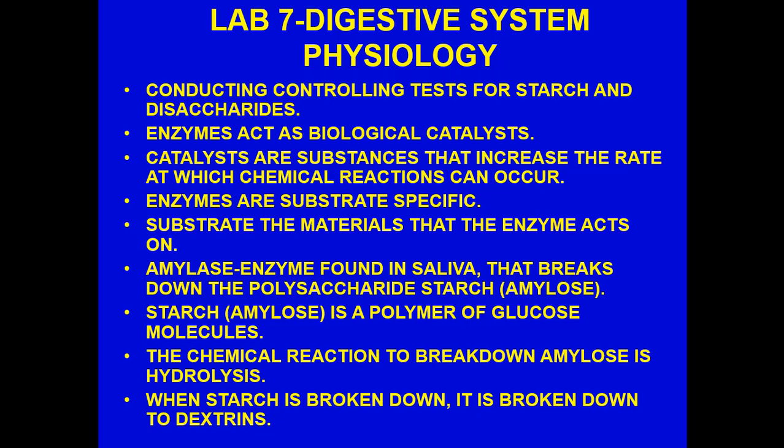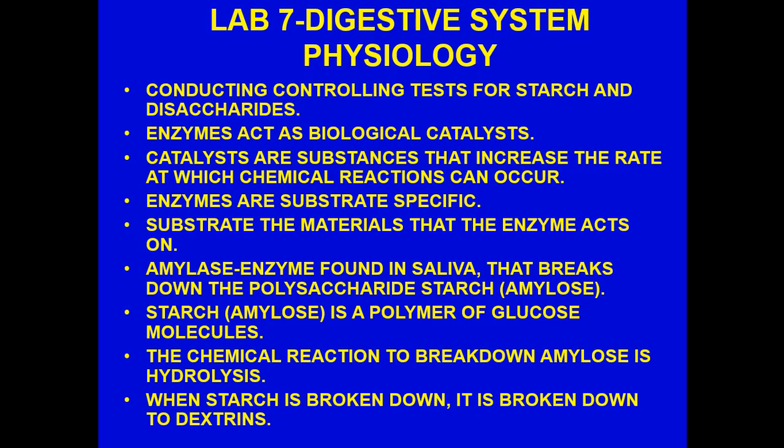So just like a key in a lock, different keys will open different locks, but no key is completely universal. With enzymes, they're very picky. They have to have specific substrates for them to cause the chemical reaction to occur.